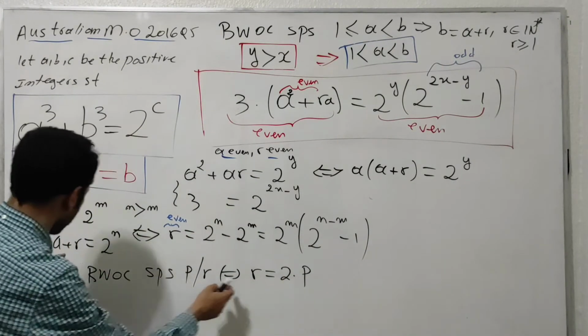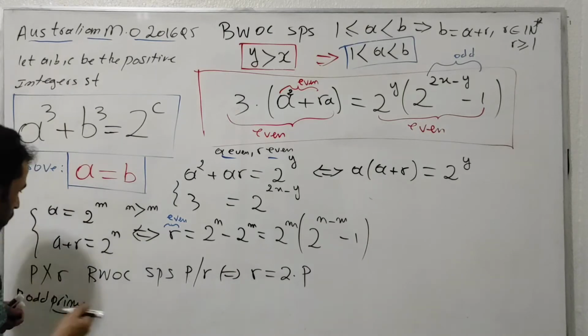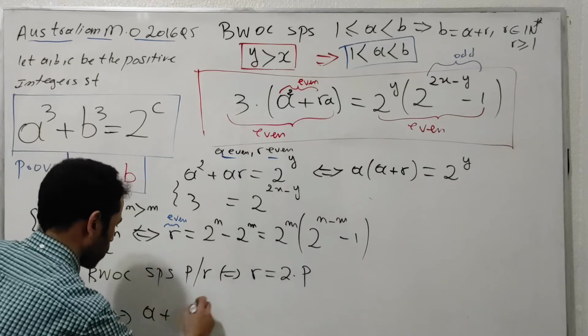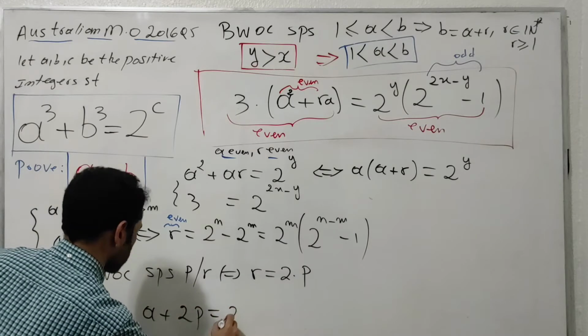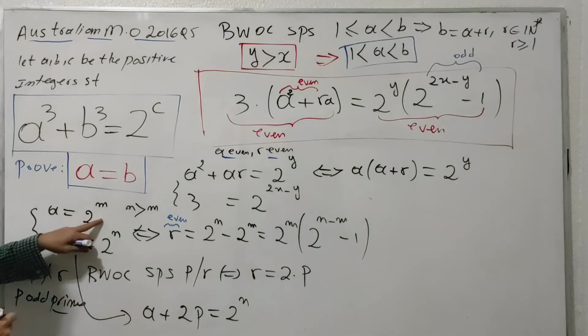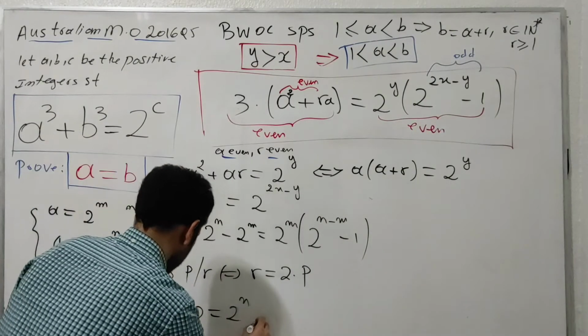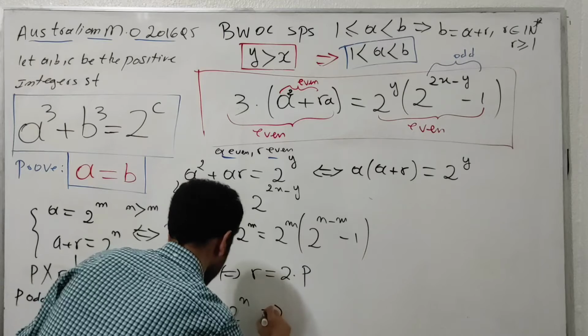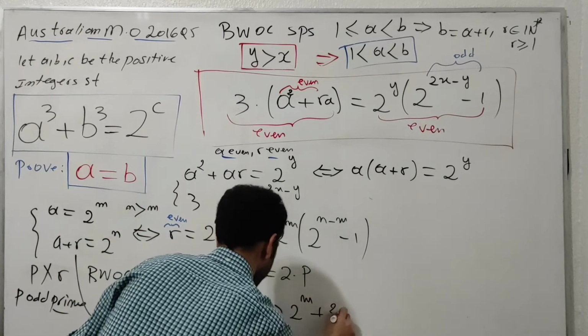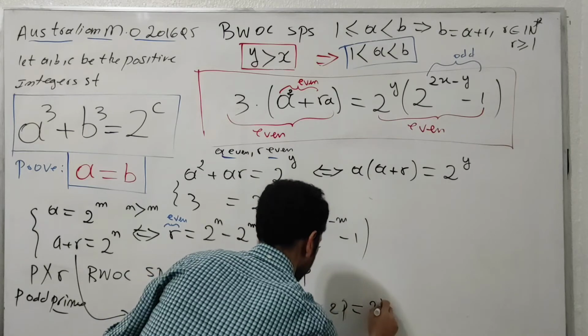I'm going to take this value and replace it into r. So we'll have a plus r, which is 2p, equals 2 to the n. I'm going to replace a with 2 to the m. I will have 2 to the m plus 2p equals 2 to the n.